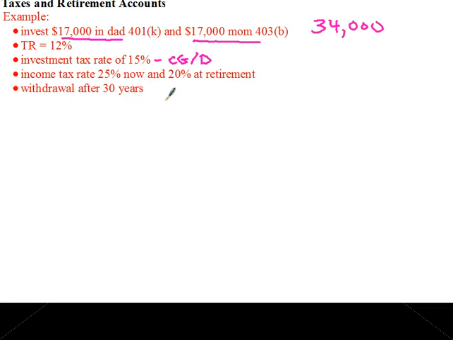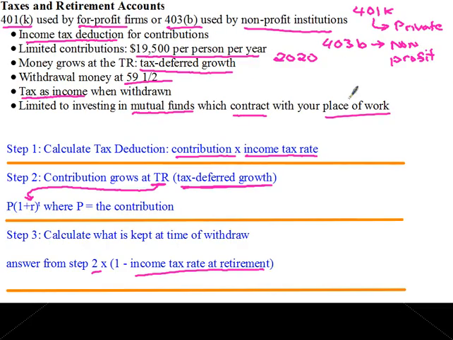So let's do our calculations then. We have $34,000 as the original contribution. Now, step number one, if we go back here and look, is we're going to calculate the tax deduction that we get, which is our contribution times our income tax rate.